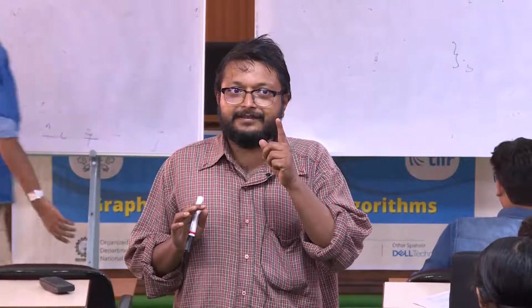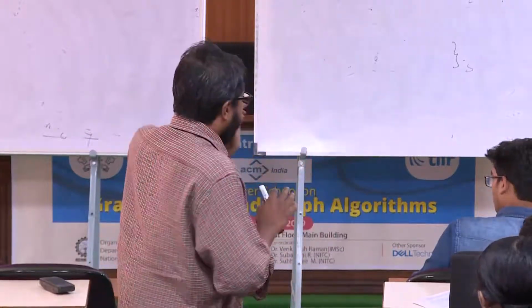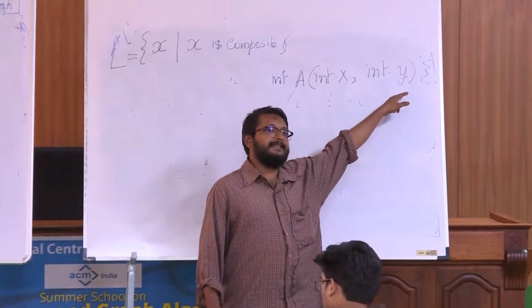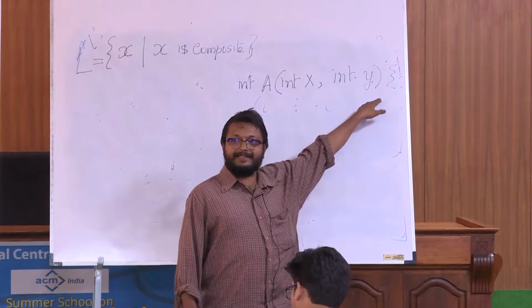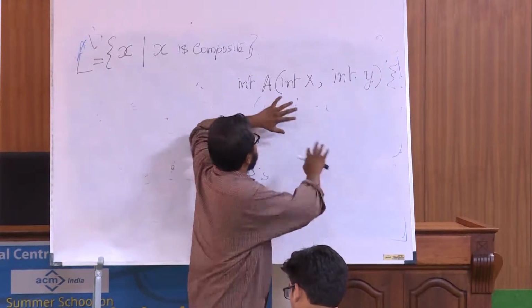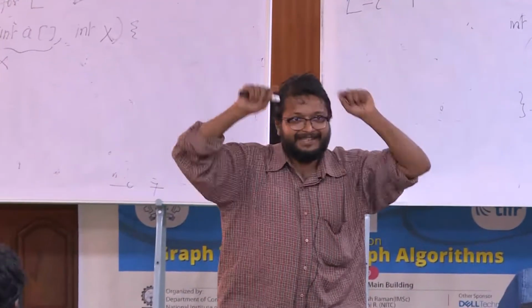If x is composite, then for each composite number there must exist a y such that, whatever it is, the algorithm finally returns 1. Whatever it is, we will worry about that later. So that's what I am trying to say.